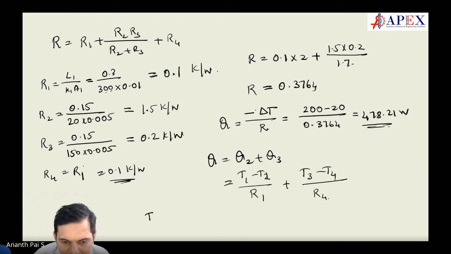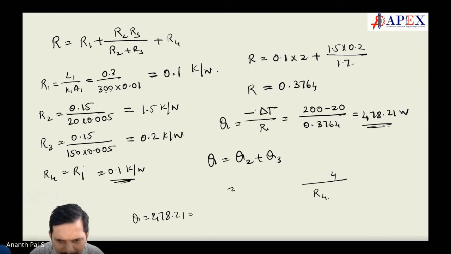So Q is equal to 478.21, T1 minus T2 by R1. Oh, this is not the case. I'm very sorry, this is not the way. Individually also we can write. T2, this is wrong.